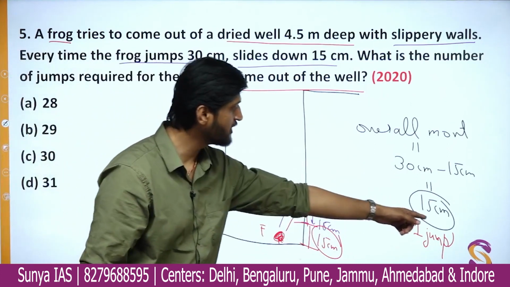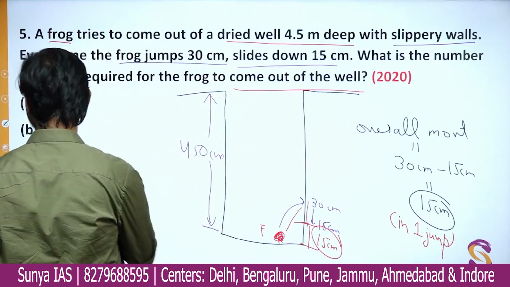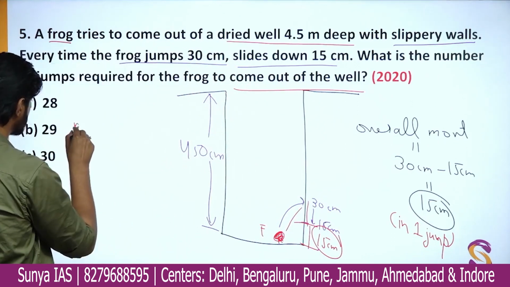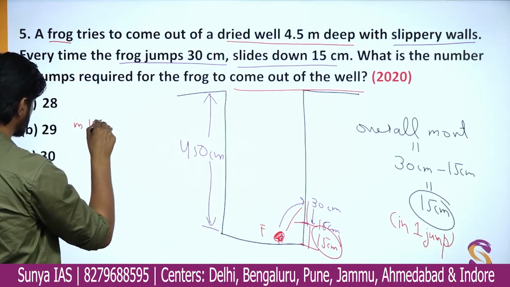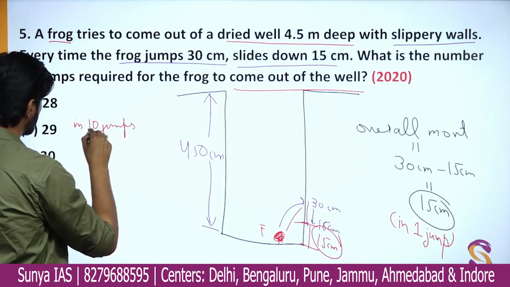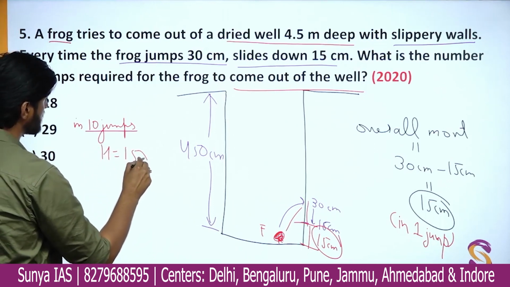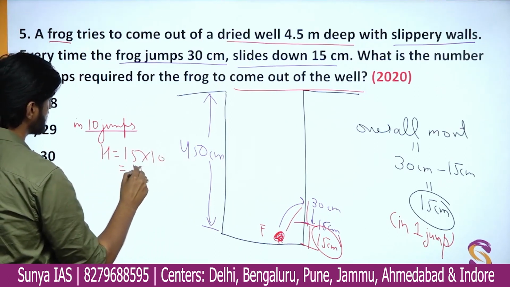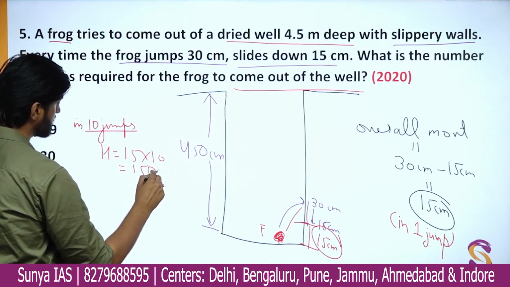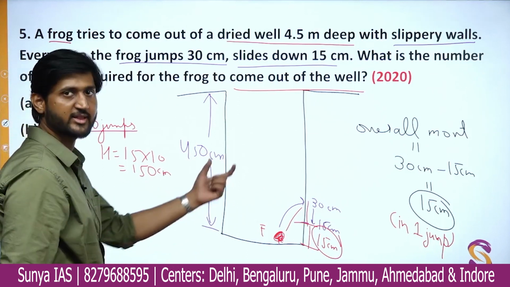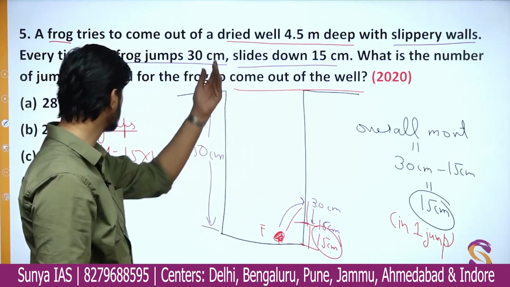So the frog in one jump completes 15 centimeters of height. So in 10 jumps, he will be able to cover a height of 15 into 10, that is 150 centimeters. As you can see, it is still less than 450, so he needs more jumps.